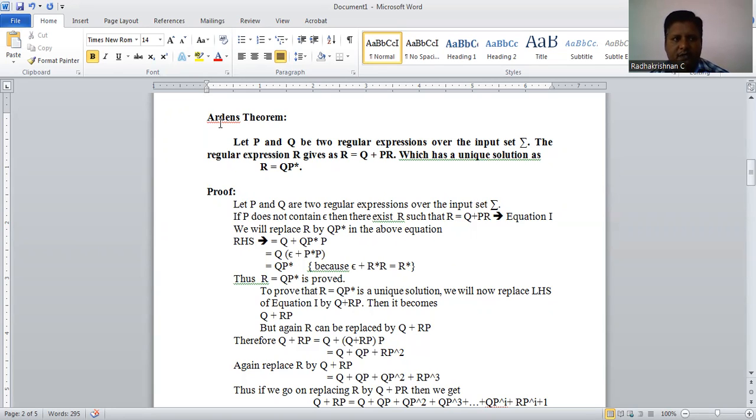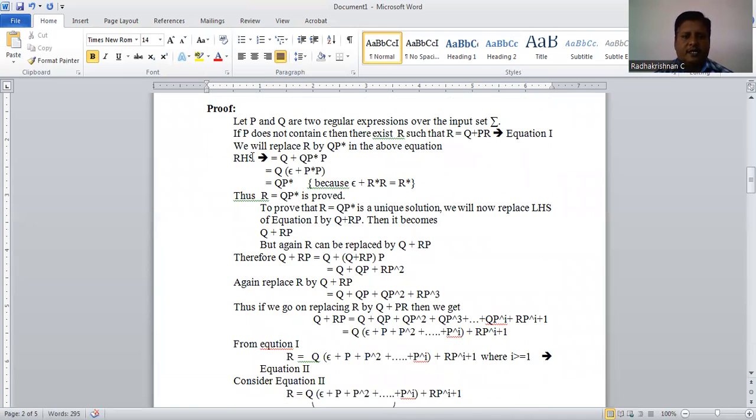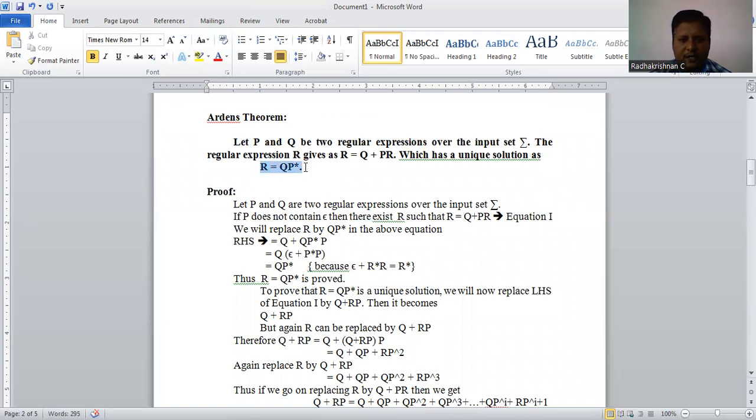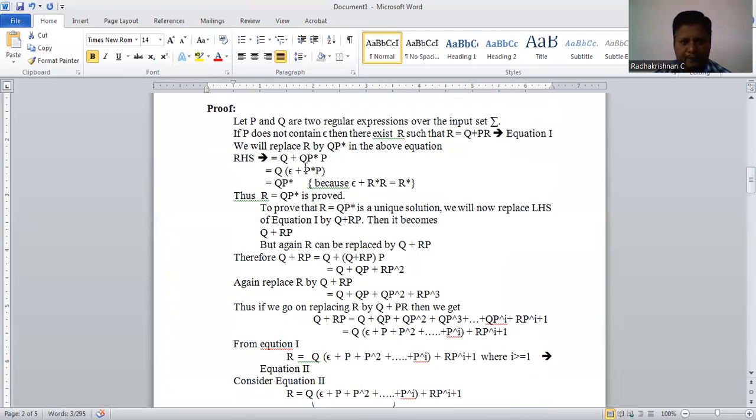The automata is given, and from the automata we determine what regular expression is present in it. That is the concept where we implement Arden's theorem. Before going to that, the corresponding unique solution R equals QP star, its derivation will be discussed now.